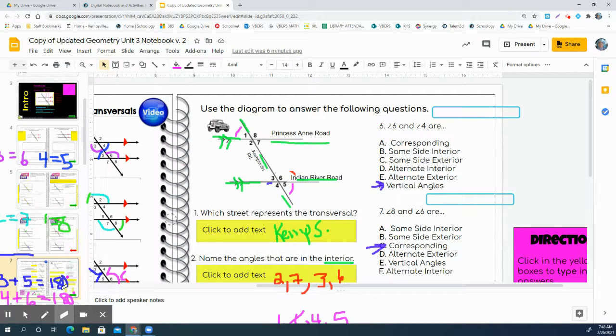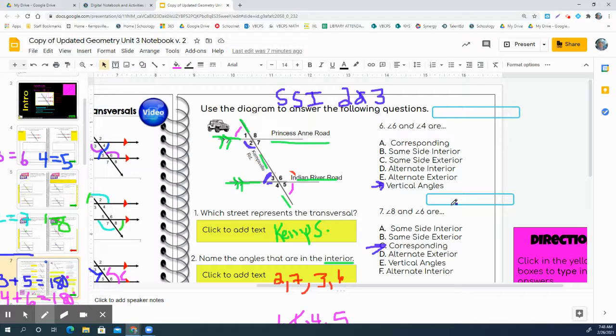What do we think? Same side interior to 3. If I want the same side of the transversal, I need the left side. And I need interior, inside the parallel lines. So same side interior is going to be 2 and 3.